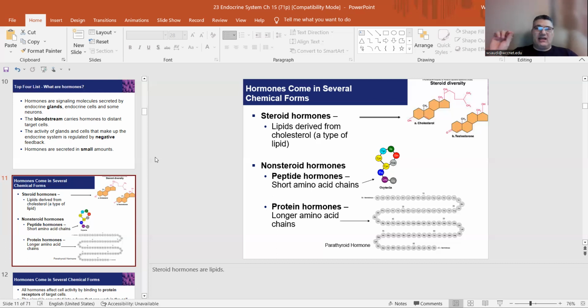And this is important, and I will tell you why. The other types are non-steroid. What do you mean non-steroid? Non-fat, it's not lipids. What else could it be? Proteins or amino acids or peptides. What's the difference? Amino acids are the building unit for proteins. You put the amino acids together, you make a peptide or a polypeptide.